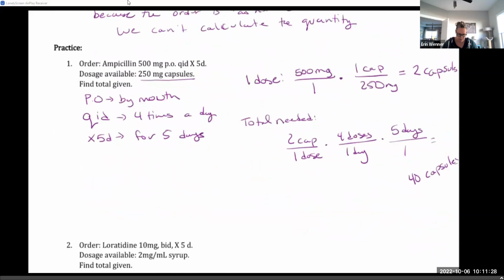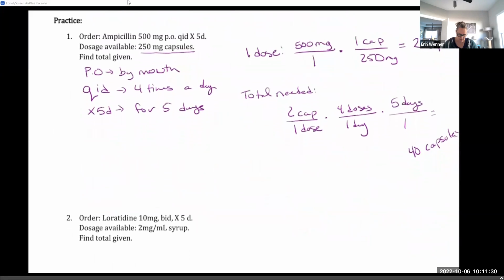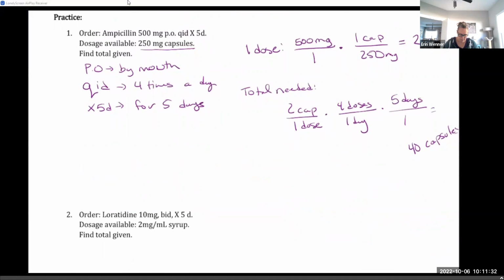All right, so I'm going to leave the information up above for number 1. And I want you to try number 2. So its order is Loratadine 10 milligrams, BID X5D, and the dosage available is 2 milligrams per milliliter syrup.